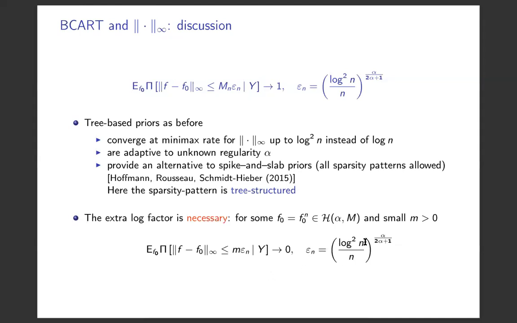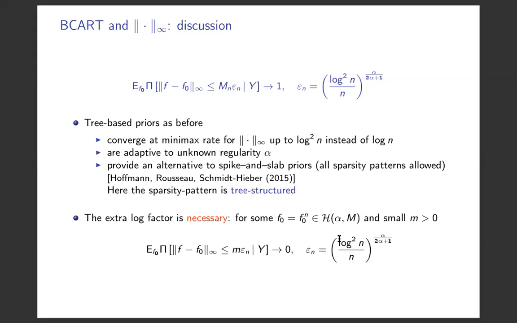That's a conjecture, because here it's for the priors we considered, but we can conjecture that for likelihood-based methods using, for instance, BART-like trees, you lose a log factor. So this is a price to pay, or a signature for using the tree in sup-norm instead of maybe spike and slab where the pattern is arbitrary.